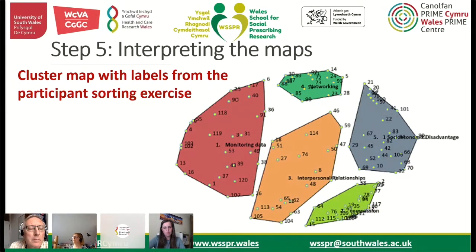And you've also got the networking cluster there, monitoring data, interpersonal relationships, and the compassion cluster there. And there's a reason why socioeconomic disadvantage and monitoring data are as far apart as they are. It's because of the way that the statements have been grouped.